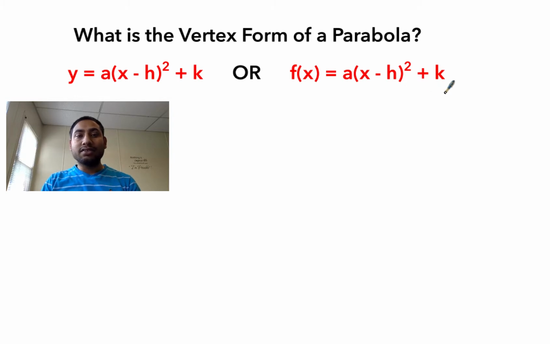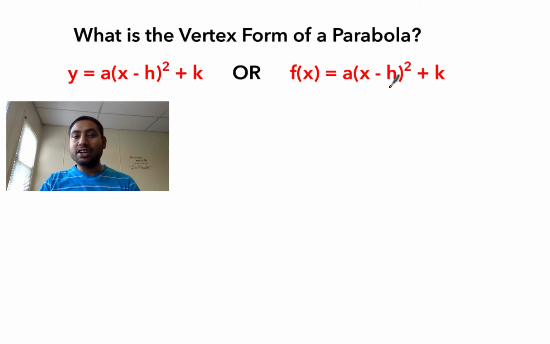Now, the reason this form is called the vertex form is because if the equation for a parabola looks like this, then you can read off the vertex right away.